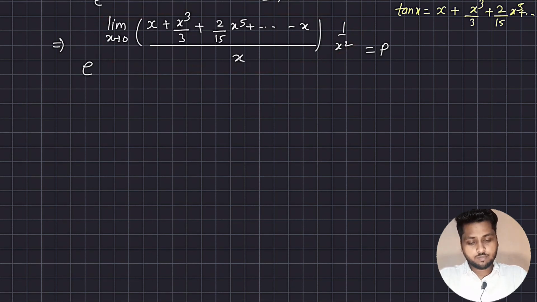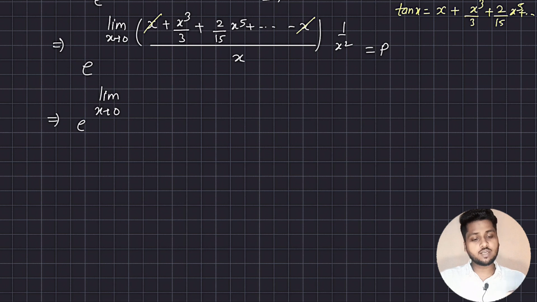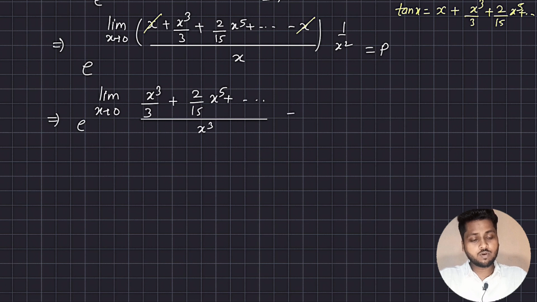So students, what will happen here? You can cancel this x, as you can see this minus x and this positive x get cancelled, and we are getting x cube upon 3 plus 2 upon 15 x raised to 5 plus dot dot dot, whole divided by x cube, is equal to p.